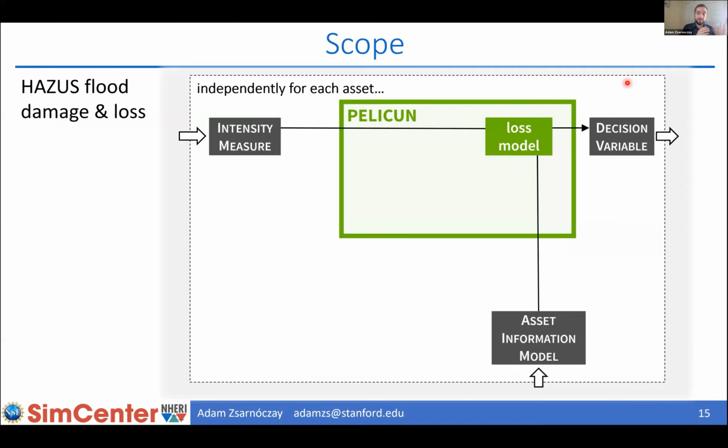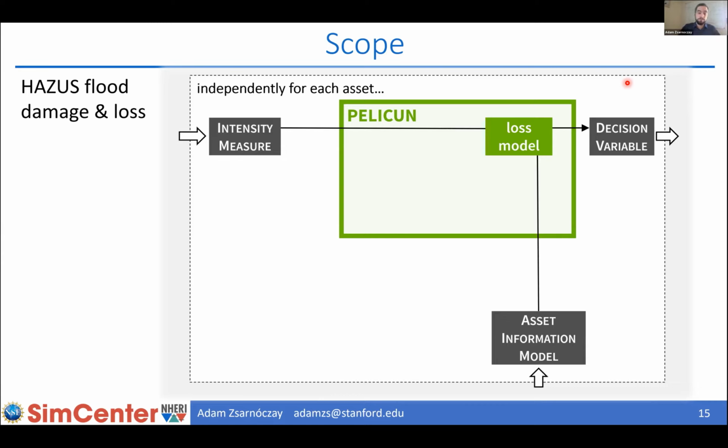And actually, it's not really a damage and loss assessment, it's just loss assessment. Usually they use insurance claims data, so they know the losses, and they fit some functions on top of that. Then, depending on the type of building we're looking at, and depending on the height of the water, we can get the damage or the repair cost or the losses in the building. So that's the simplest possible approach.